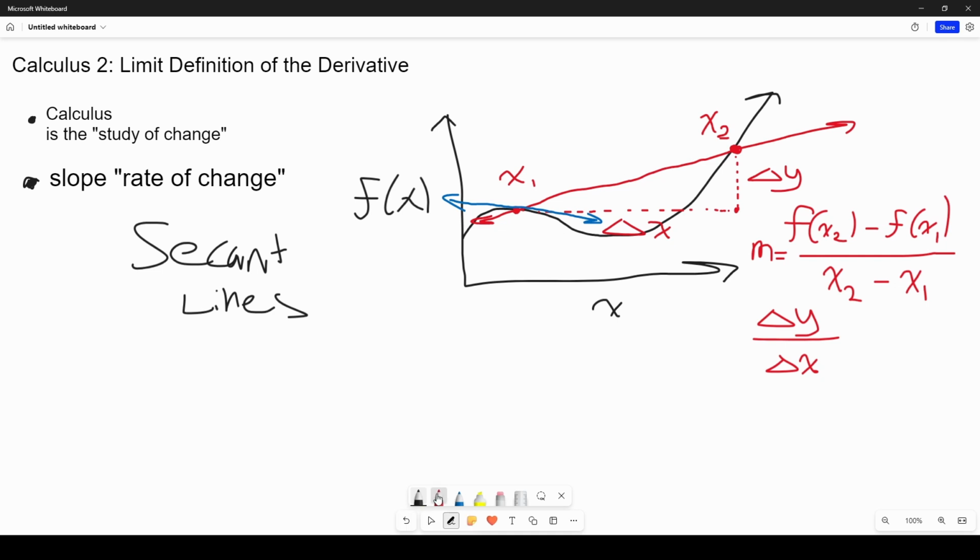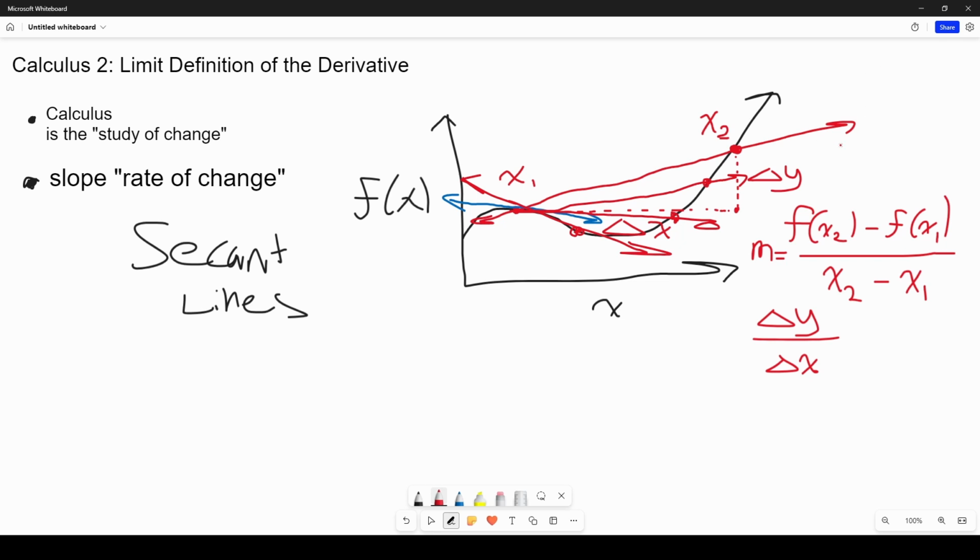So if x2 was here, here, here, let's see the lines that it creates. Boom. So you see, as x2 approaches x1, the secant line approaches the tangent line.